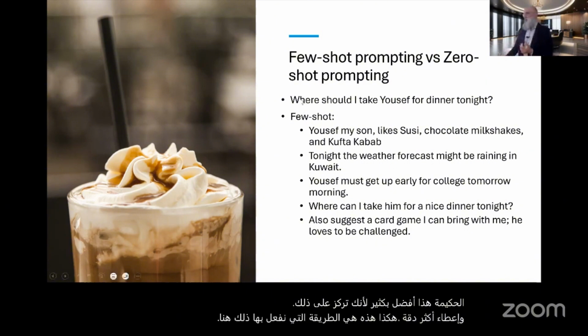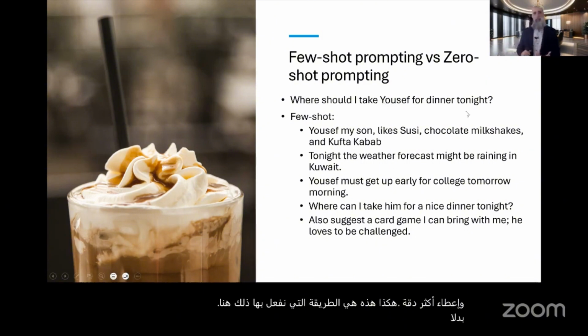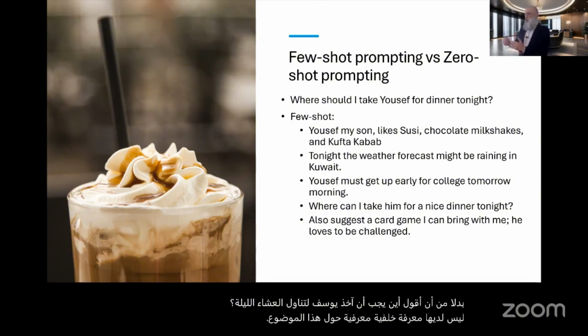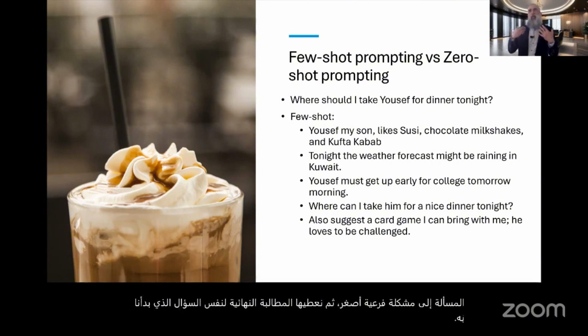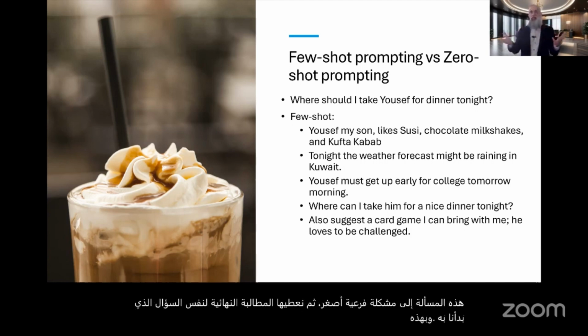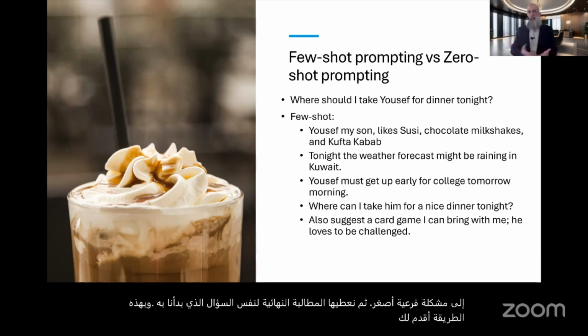So instead of saying, "Where should I take Yusuf for dinner tonight?", which has no background knowledge about it, we break this problem into smaller sub-problems, and then we give it the final prompt of the same question that we started with. In this way, I'm showing you how to break big problems into smaller ones, applying it in science, in technology, in art.